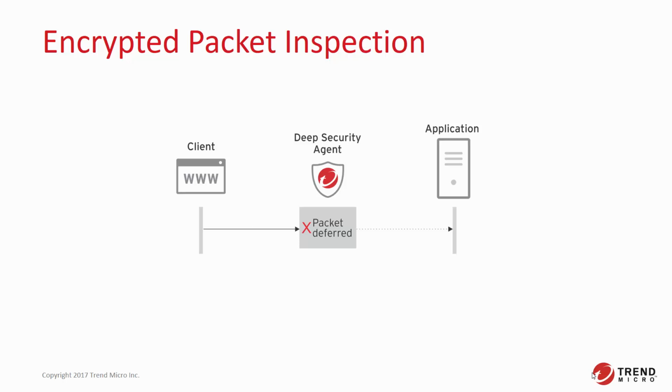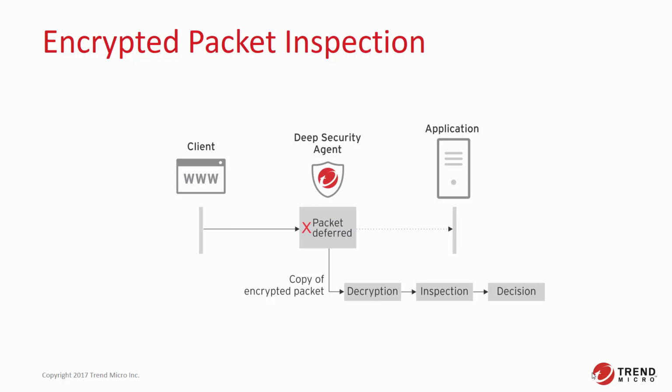When Deep Security Agents receive a packet from the network, the packet is deferred while its content is analyzed. After the firewall protection module completes its analysis of the packet, it is handed off to the intrusion prevention module and the HTTPS payload inspection for analysis. The decryption engine is not able to re-encrypt the traffic that it decrypts.